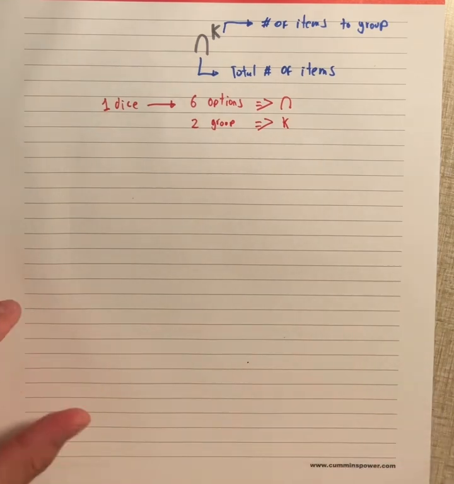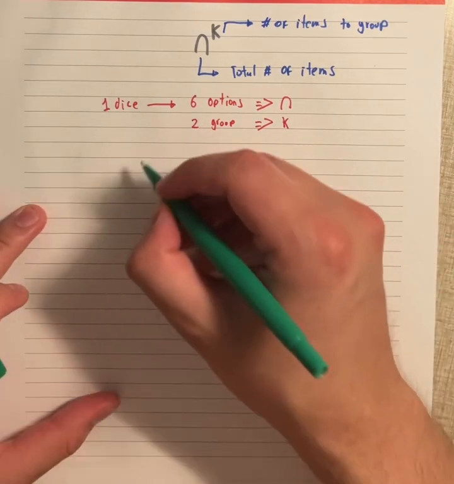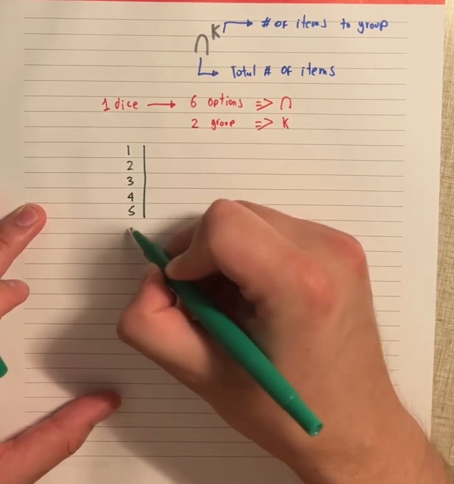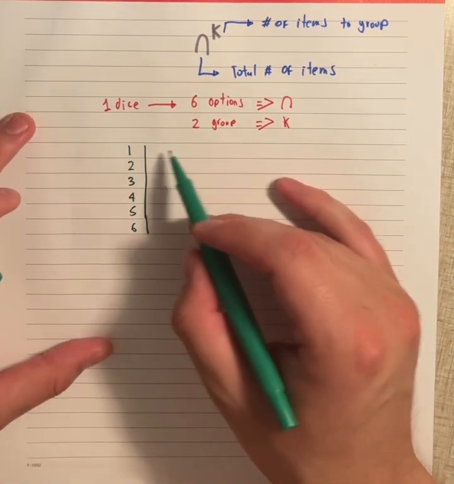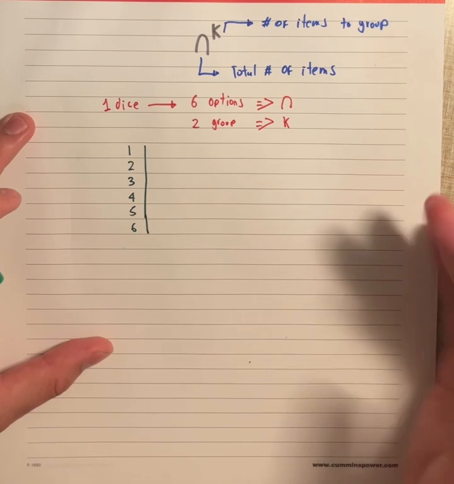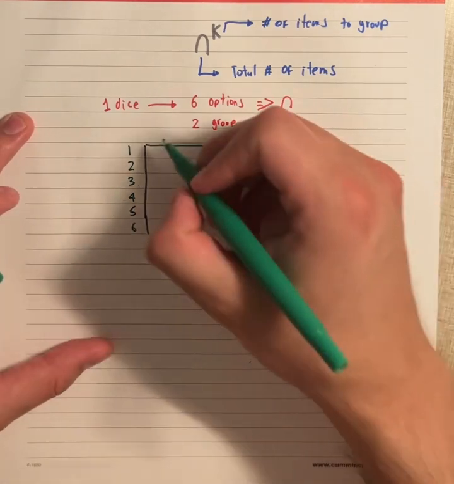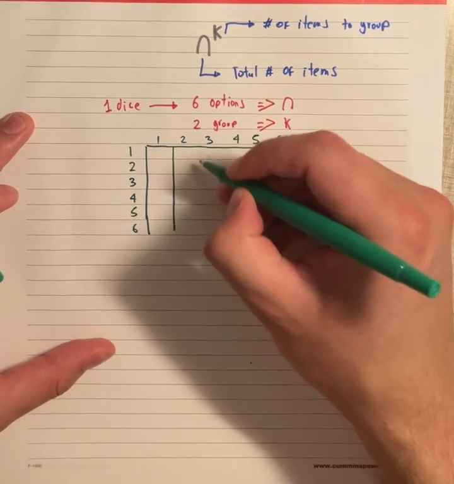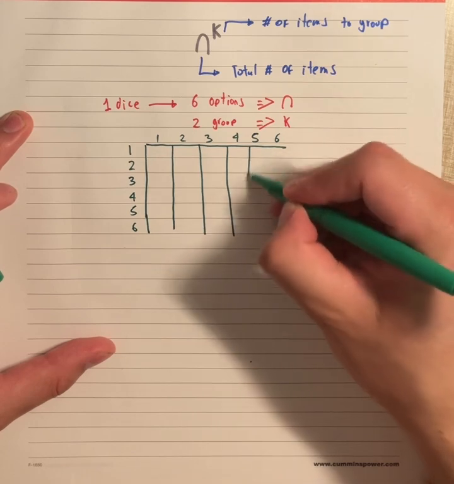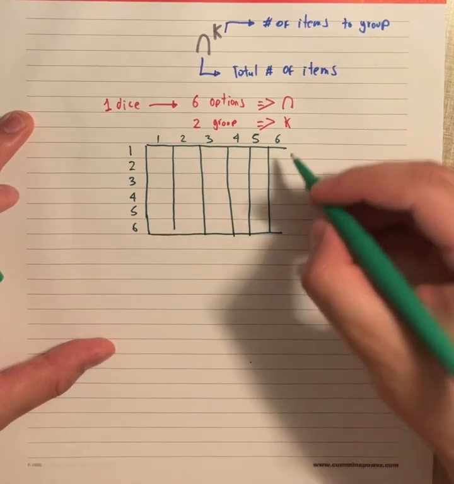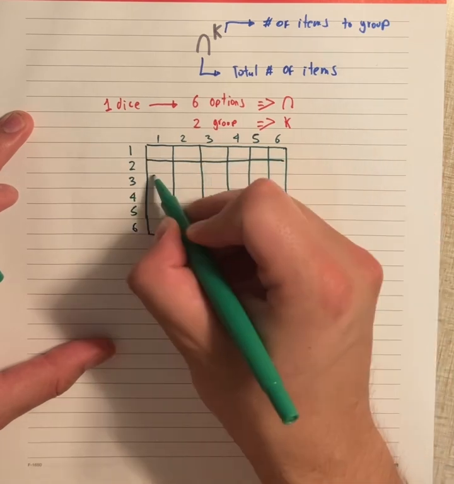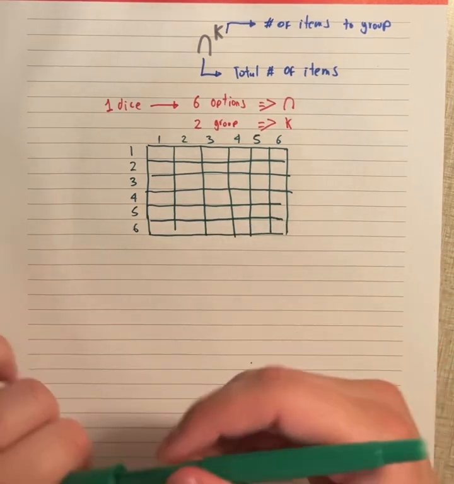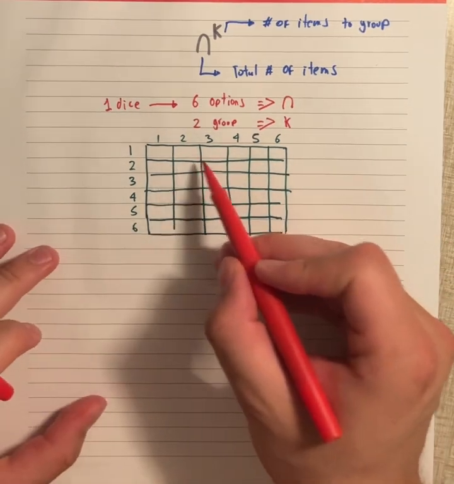The way I like to look at this is you have your first dice, so you say 1, and you have the second try when you throw the dice. It looks like this, and this is a really good way of showing all the different options that you will get. The intersection of each of them is one option.